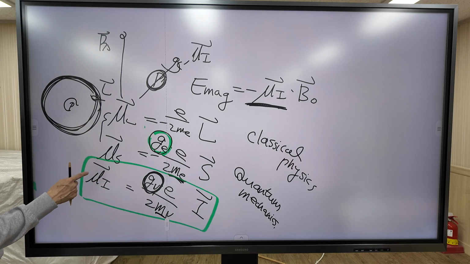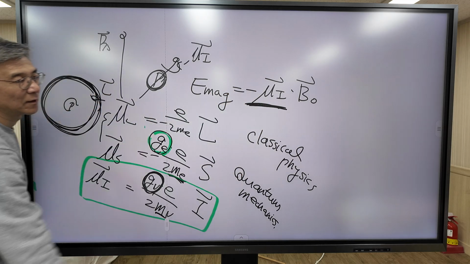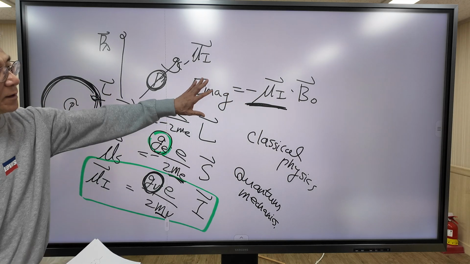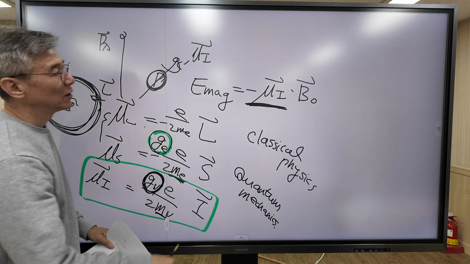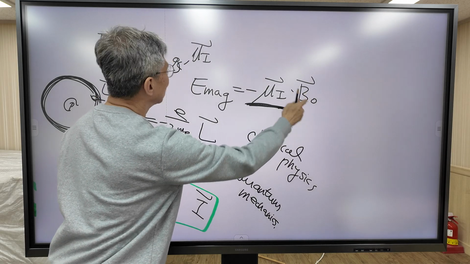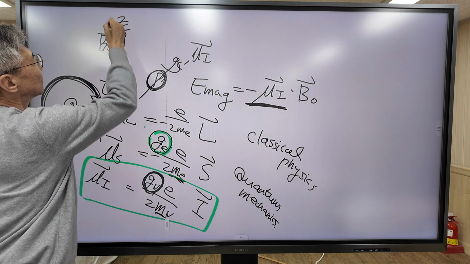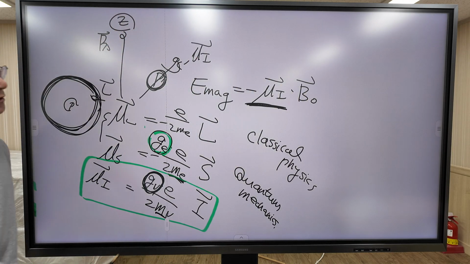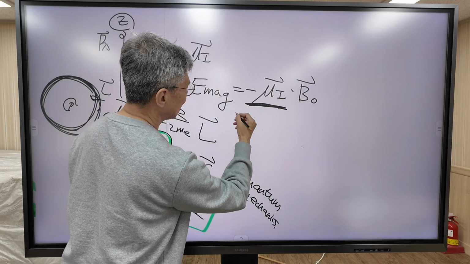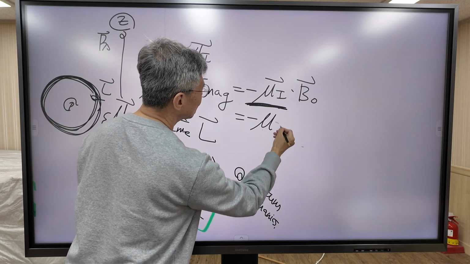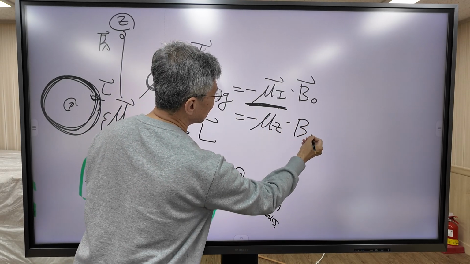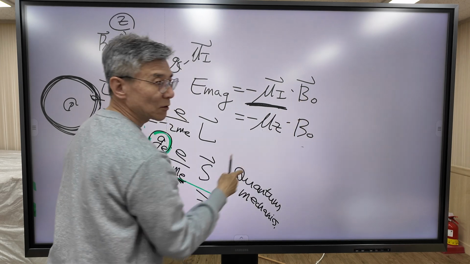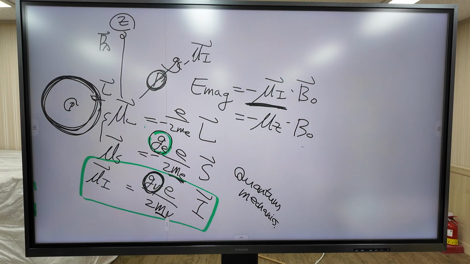So I'm going to substitute the magnetic moment here. Now in this formula, generally we apply the magnetic field along the z direction. So this formula reduces to B0, because B0 is only in the z direction.